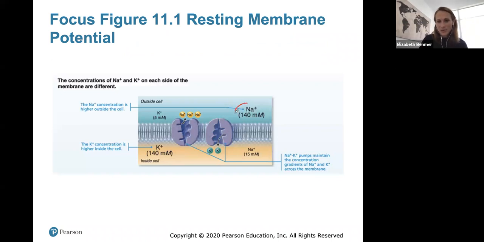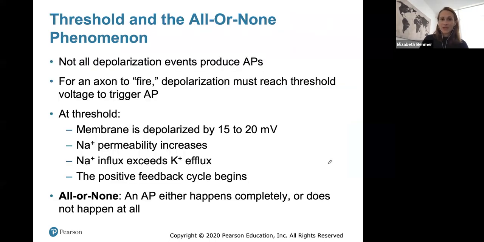Remember, we always want more sodium outside the cell and more potassium inside the cell to restore resting conditions before we stimulated this axon. To do that, the sodium-potassium pump pumps 3 sodium out for every 2 potassium it pumps in, and that requires ATP or energy.